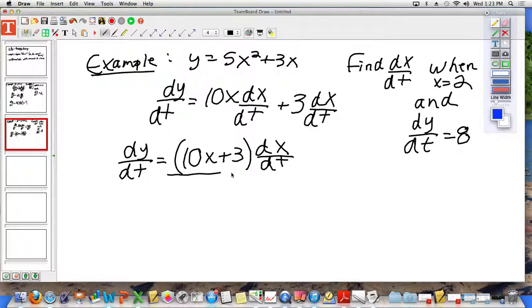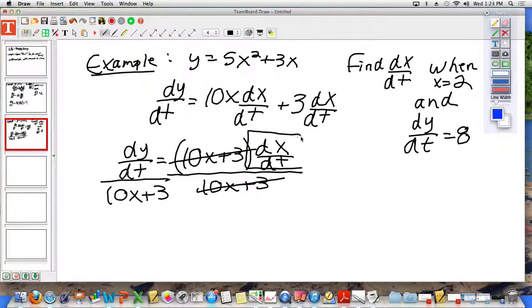Alright, I'm trying to solve for dx dt, so I'm going to divide by 10x plus 3. Those cancel out. I have to divide the left side by 10x plus 3. So to figure out what dx dt is, how quickly is the x value changing? dy dt is what? 8.